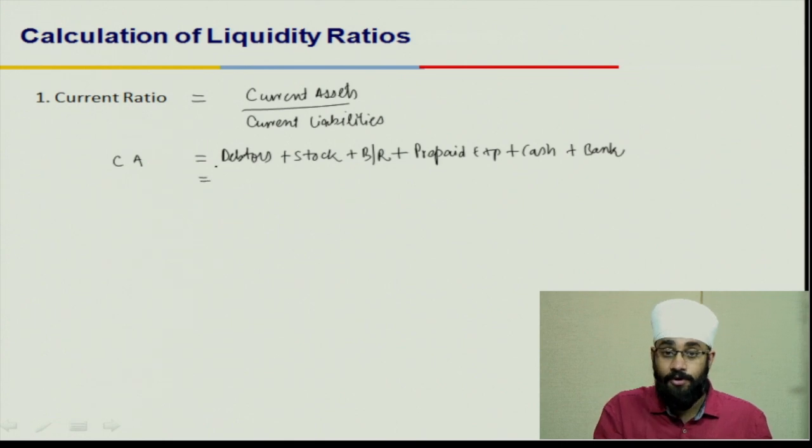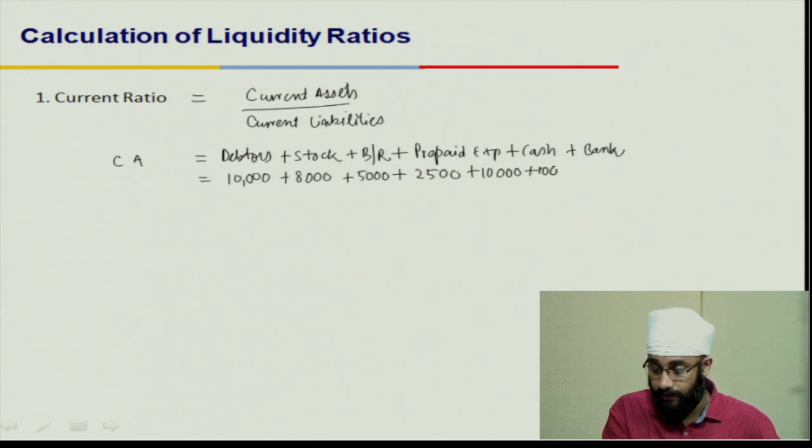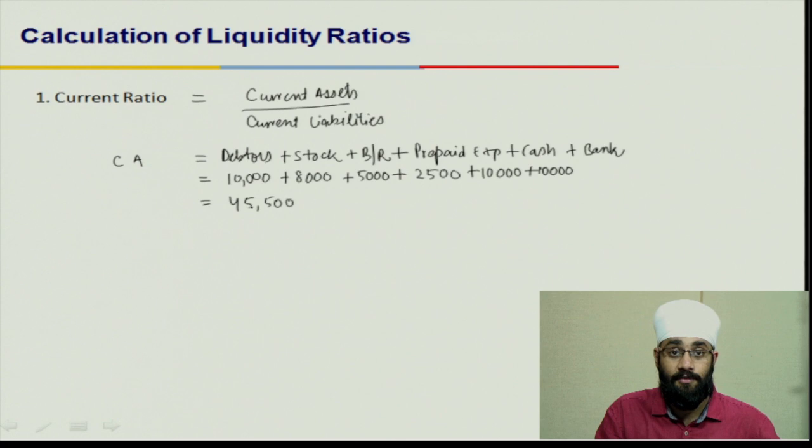Now you need to put the amounts of these and calculate the sum for the current assets. Stock is 8,000, bills receivable is 5,000, prepaid expenses 2,500, cash and bank are both 10,000. The total current assets are hence 45,500.